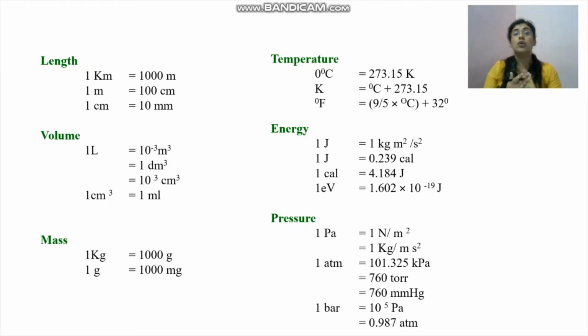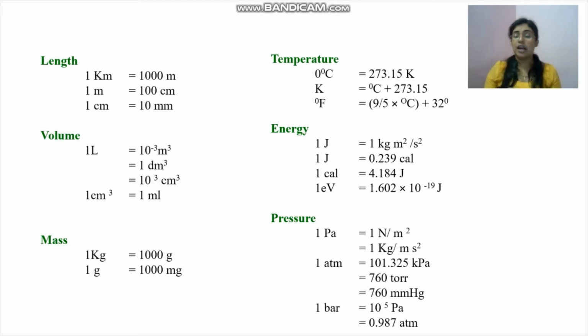And 1 centimeter cube can be taken as 1 ml, so 1 liter is 1000 centimeter cube, which means 1000 ml. That is the volume part.